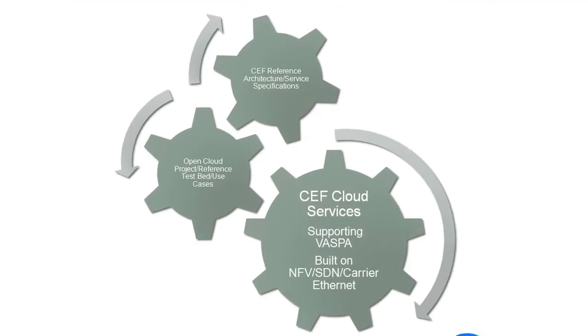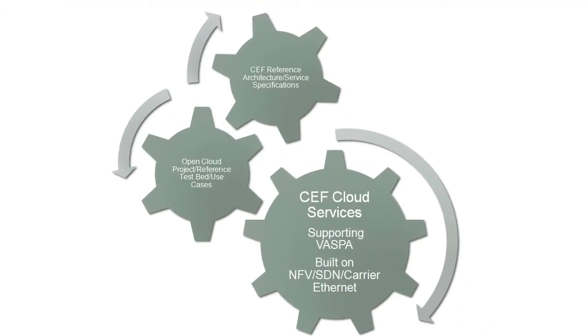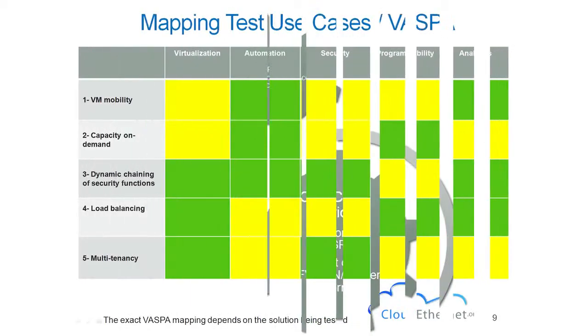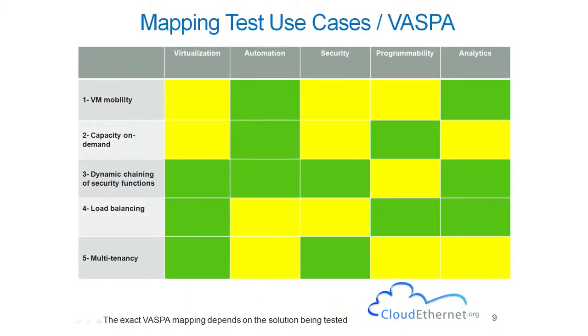Step number 2 of the Open Cloud project is to integrate the 6 use cases that have been developed by the technical committee of the Cloud Ethernet Forum over the last few months into the reference test bed, and to provide feedback to the ongoing standards work, which includes first the definition of a reference architecture, and second, a definition of a standard for cloud, end-to-end cloud services.